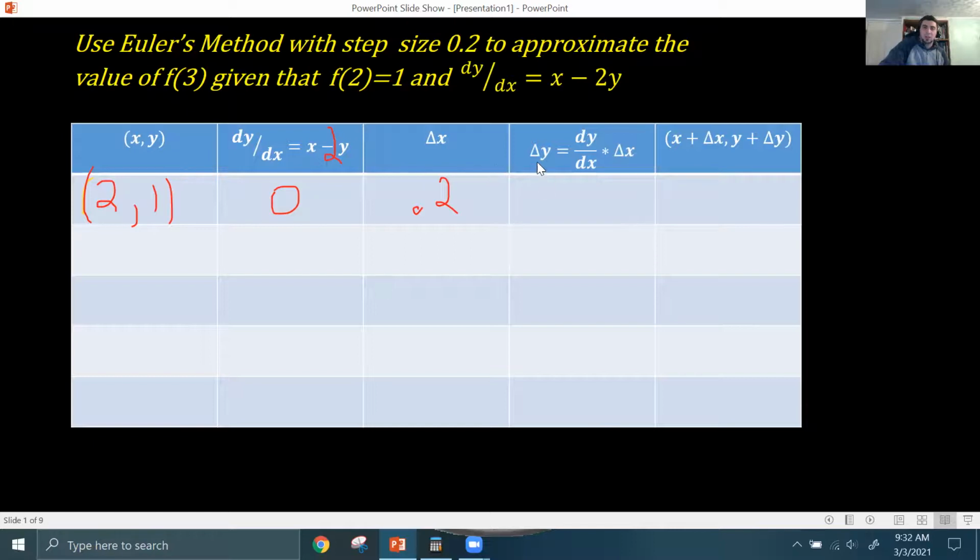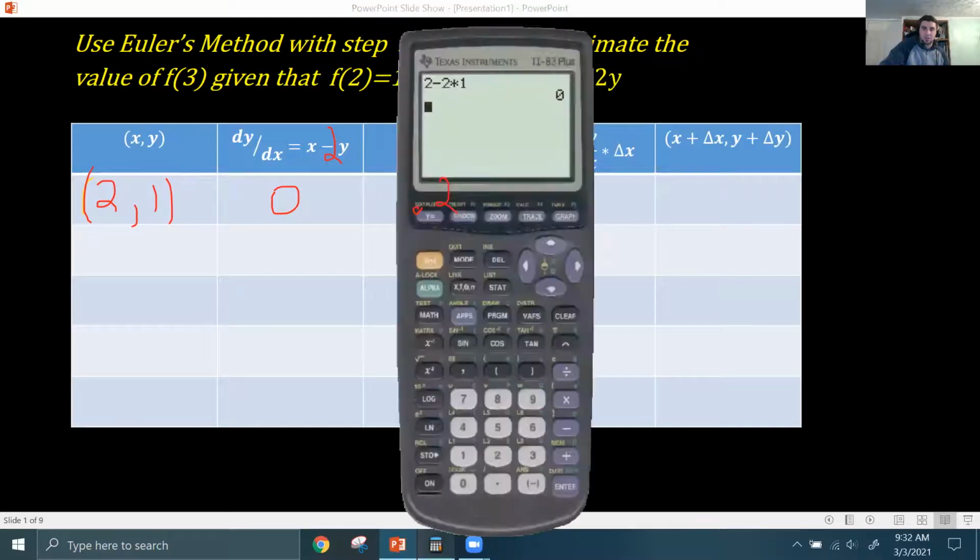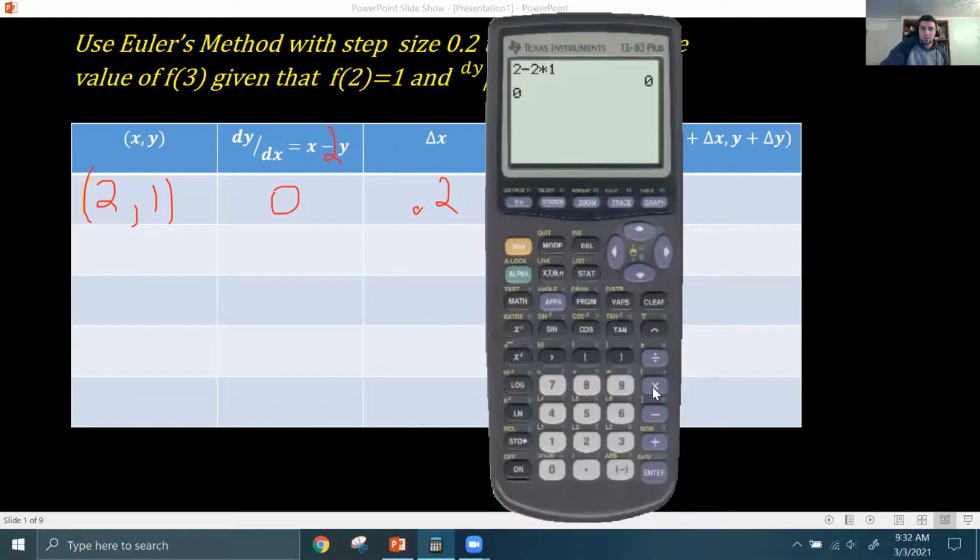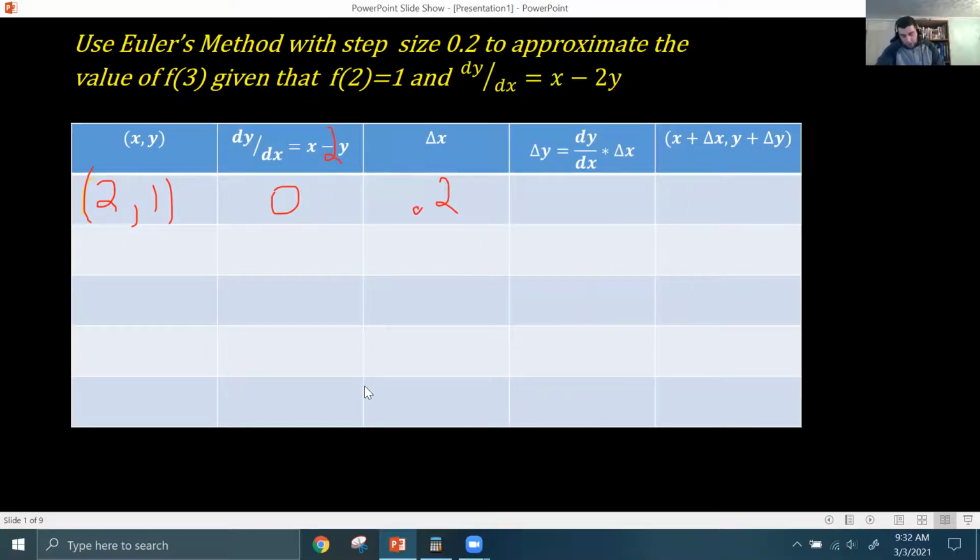Now, to get the change in y, the change in y is approximately the slope times the change in x. So we get the slope from our dy dx, which we found to be 0 in this line, times change in x. And just to be consistent, we're going to do 0 times 0.2. Obviously, that's going to give us 0, but that's our change in y.